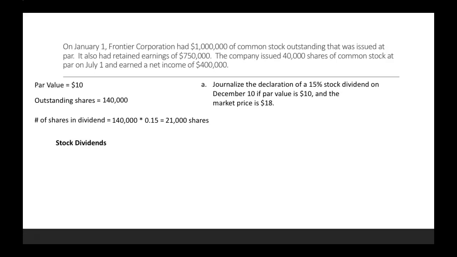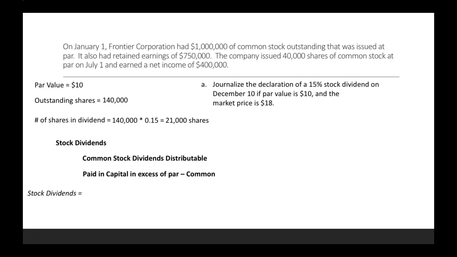So when you declare a stock dividend, you will debit the account stock dividends. You'll credit common stock dividends distributable and paid in capital in excess of par. Now for the amounts.